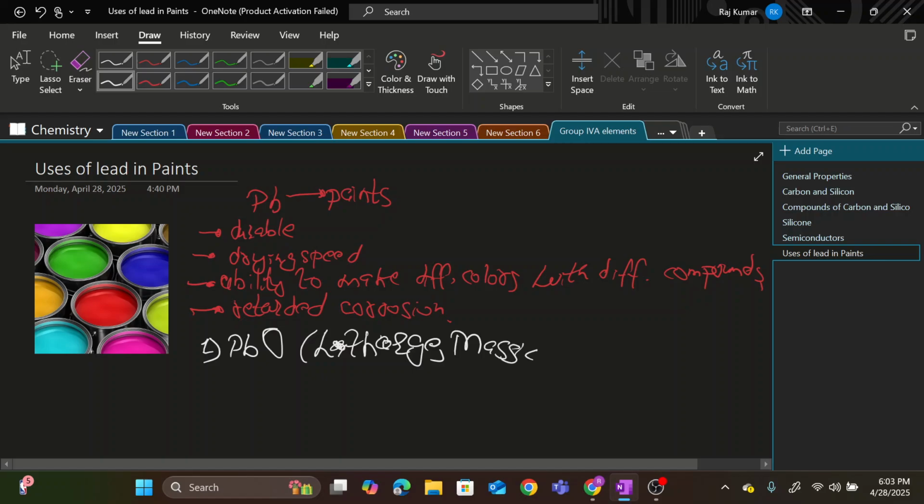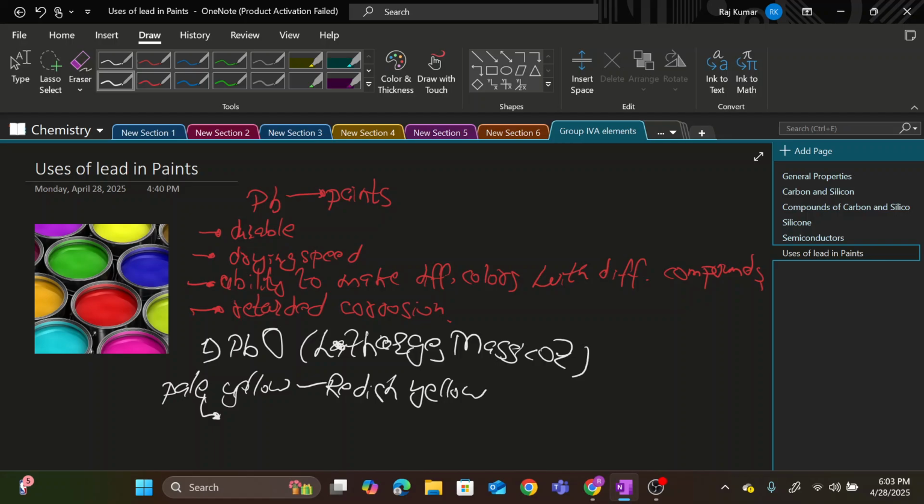Lead monoxide, litharge, and massicot are the same thing. It produces a pale yellow to reddish yellow color.